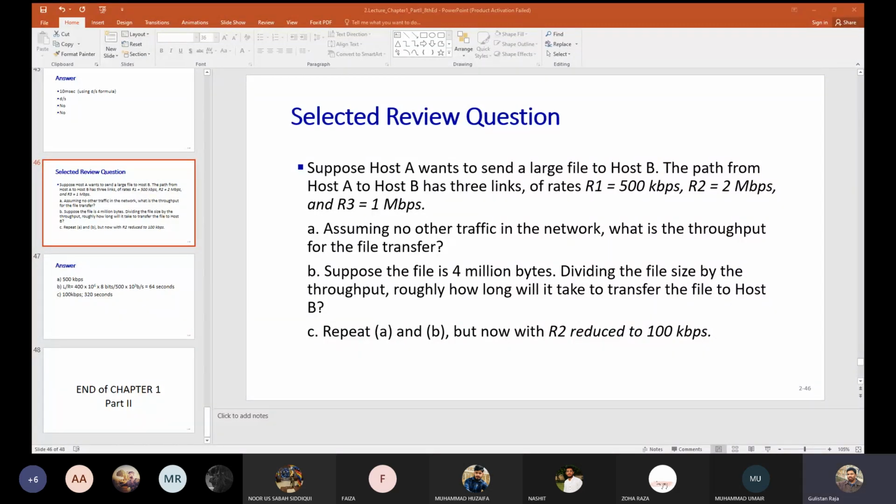Then we have 177. जी आपका क्या इशू था? सर मैंने 8:45 में ज्वाइन की थी। Okay. And then we have 201. 201 is absent.